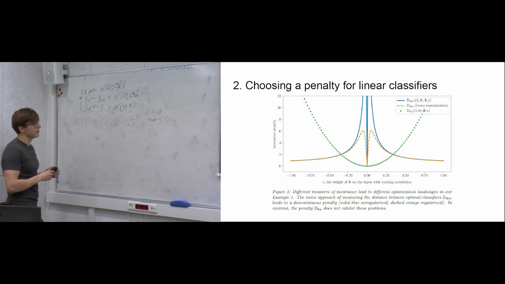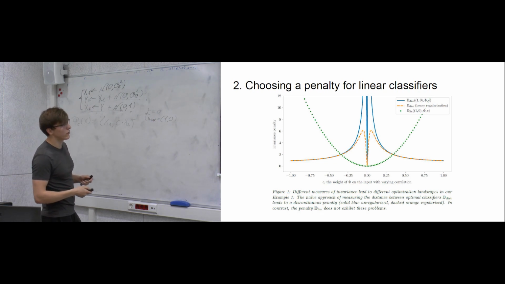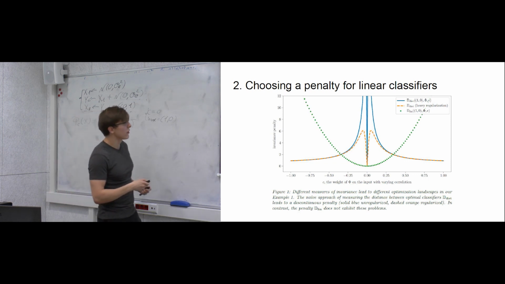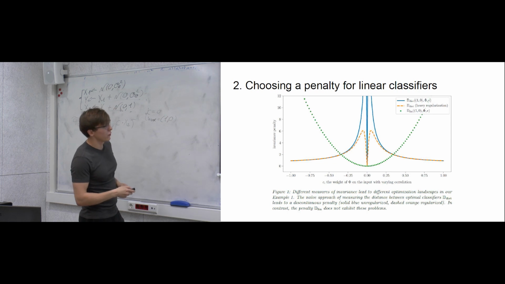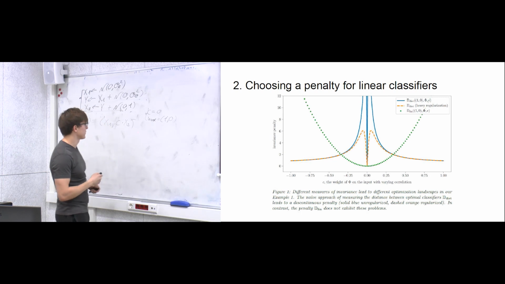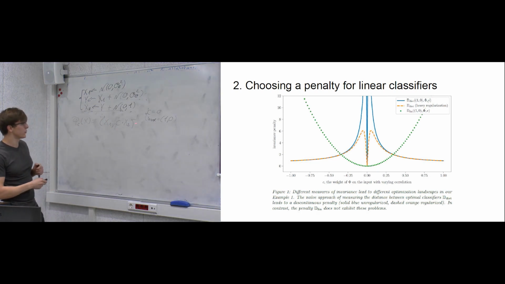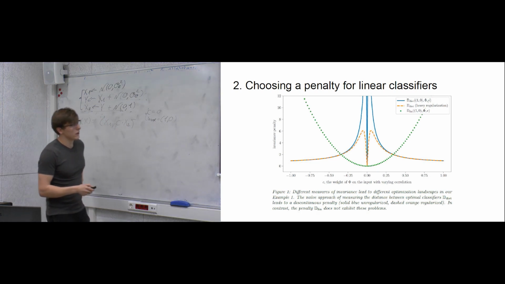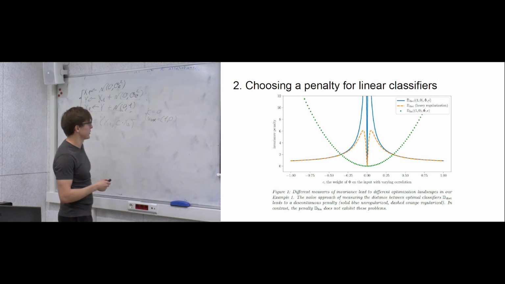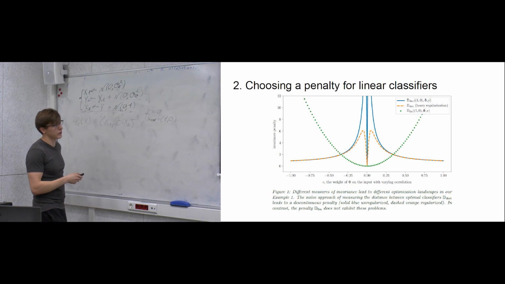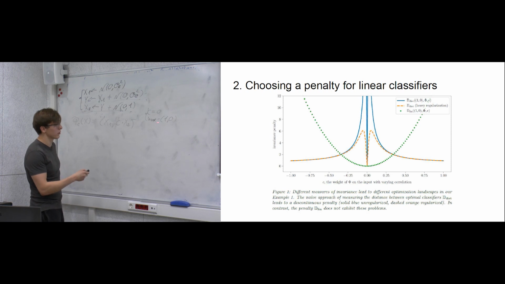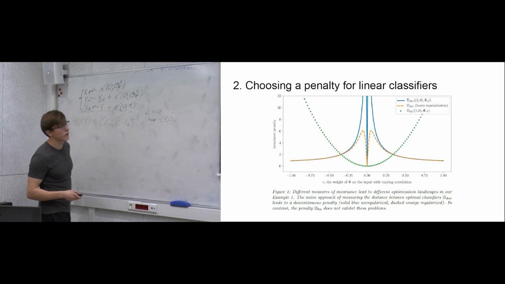And here we have the plots of those penalties for different values of c, for different magnitudes of the second spurious component. So we measure the distance between the solution given, for the given c, by empirical risk minimization of least squares regression and the optimal classifier (1, 0).